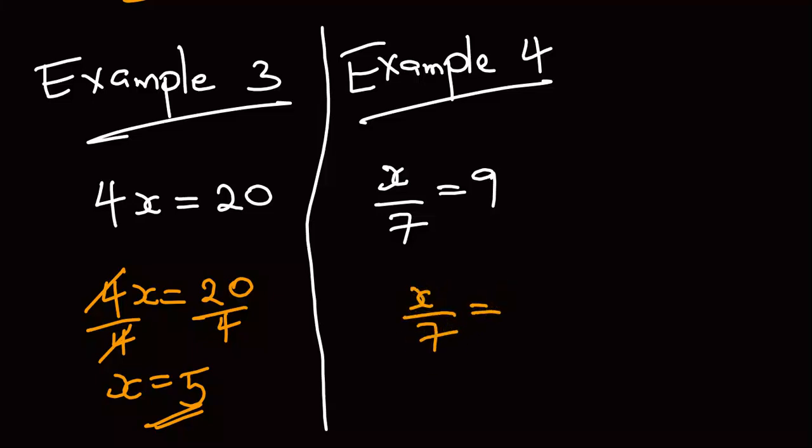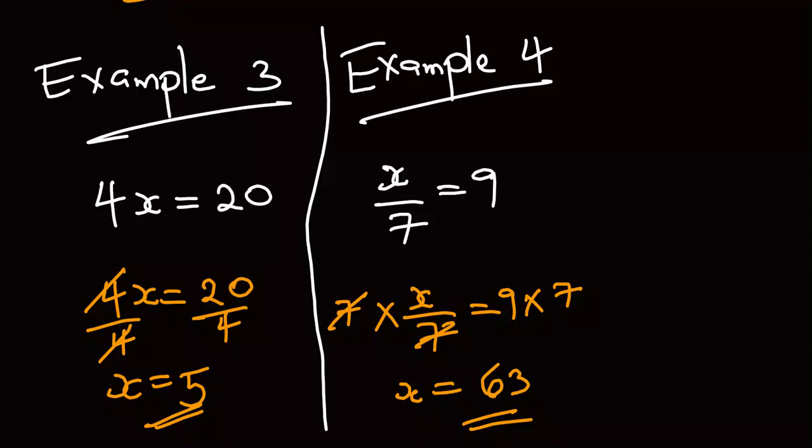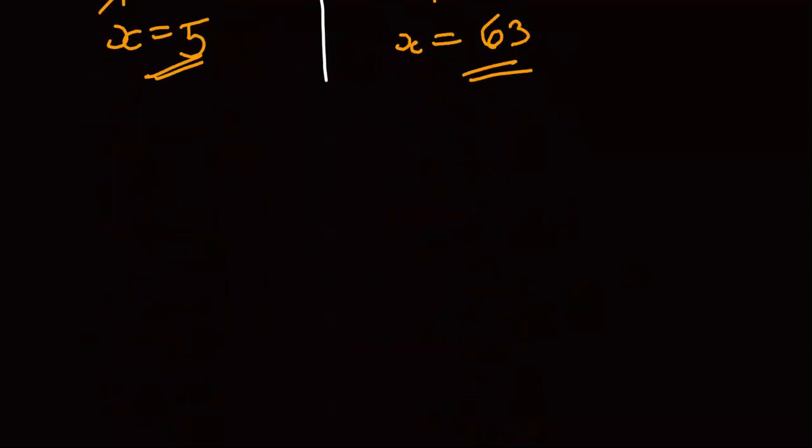To find x, we will multiply both sides by 7, so that when we simplify, our value of x will be 9 times 7, which is 63. 63 is our answer.